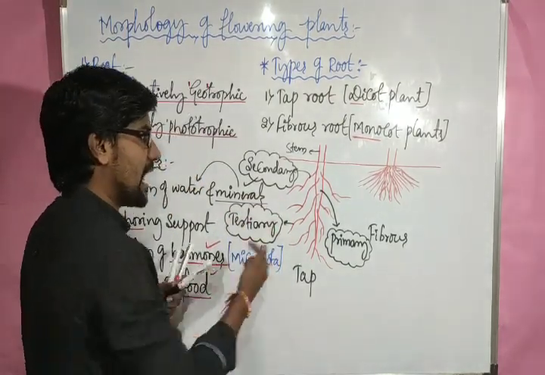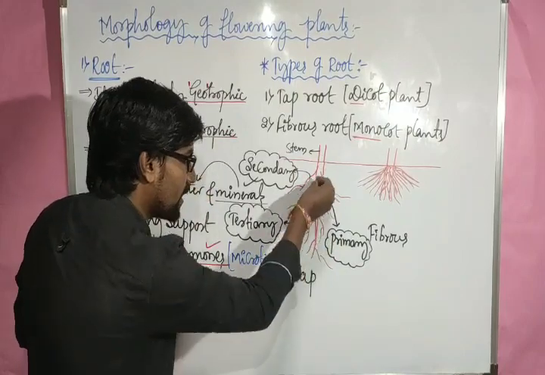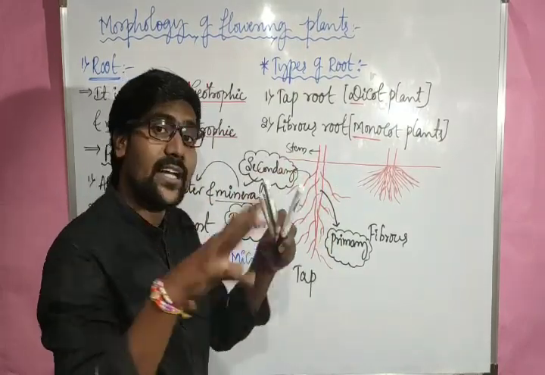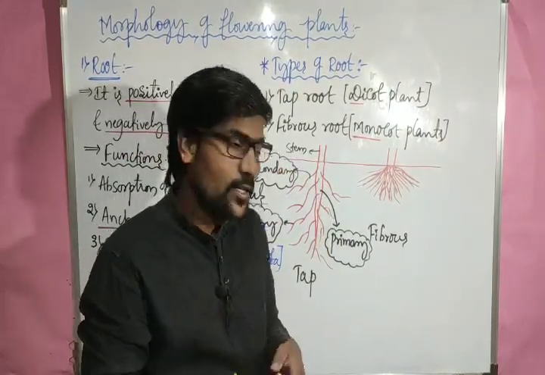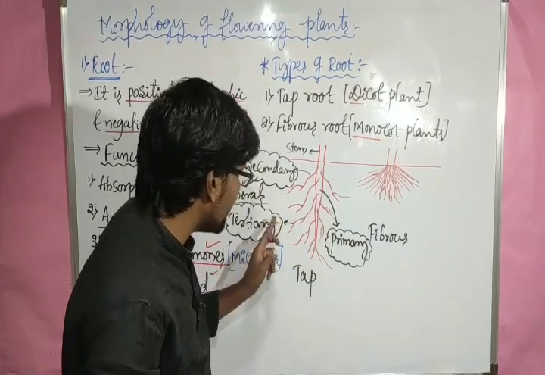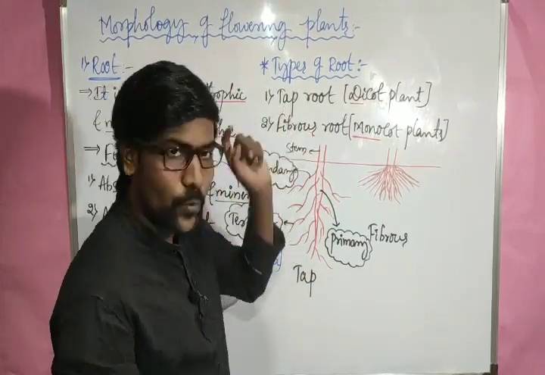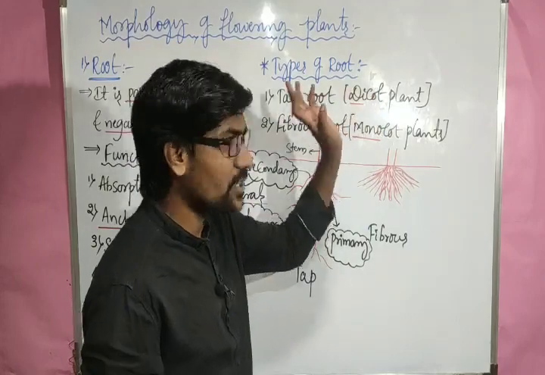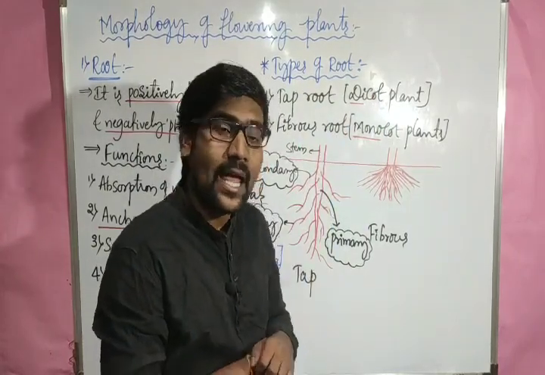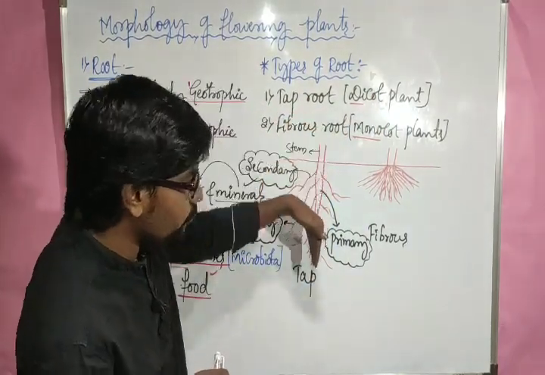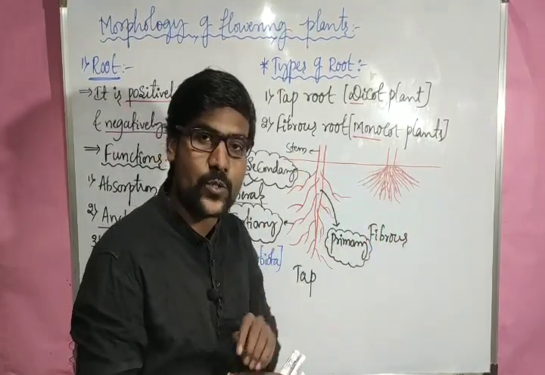Right, we are having the major one primary root, it's a branch, secondary root, it's a branch, tertiary root. So if three types of divisions are there, that is the taproot and major feature of dicot plants, and the depth of this kind of root will be more compared to the fibrous root.